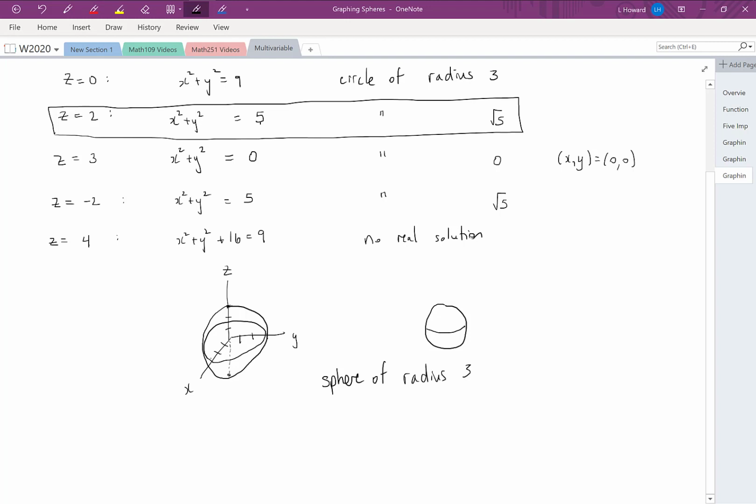So we know it's radius 3 just from looking at the xy plane. That's the widest point of the sphere when we're looking at it through horizontal cross sections. So it's a sphere of radius 3, and if we wanted to be more specific, we could say it's centered at 0, 0, 0. In other words, centered at the origin.